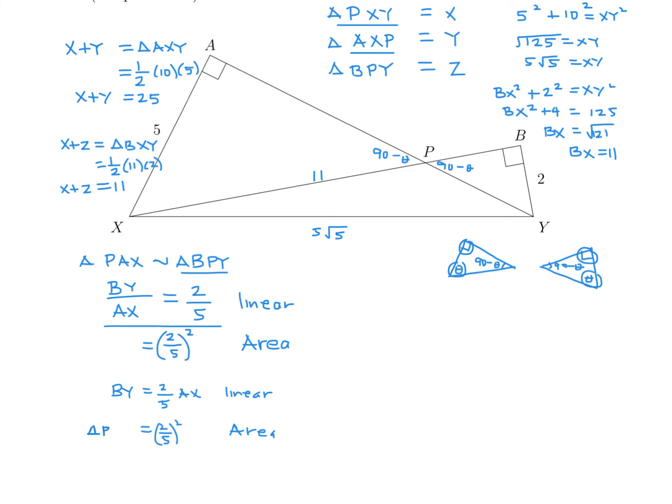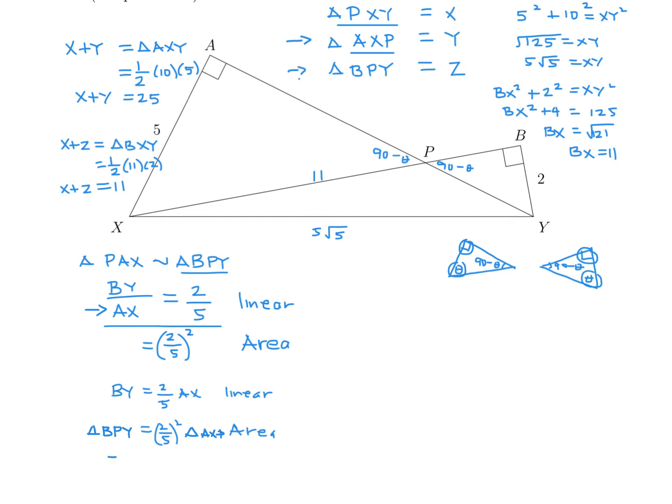So triangle BPY, that area. And this AX here, that was representing triangle AXP, or PAX, whichever way you want to write it. AXP. And then we had given them values.